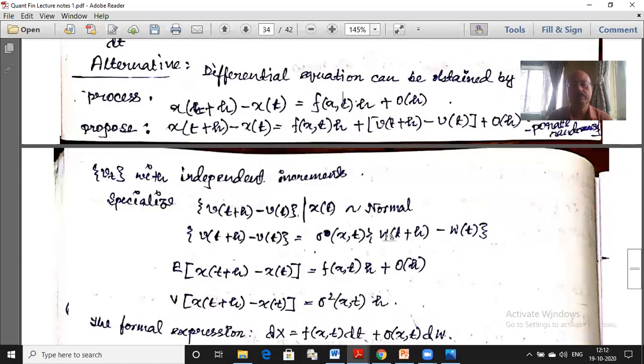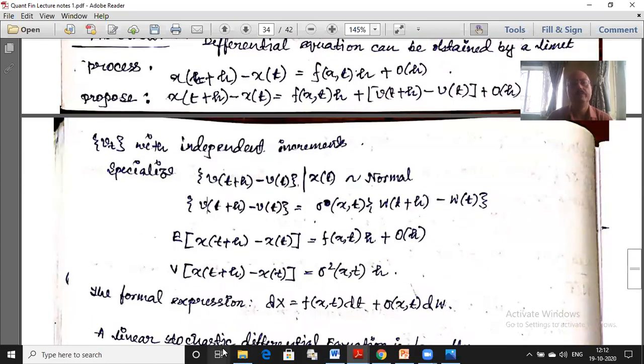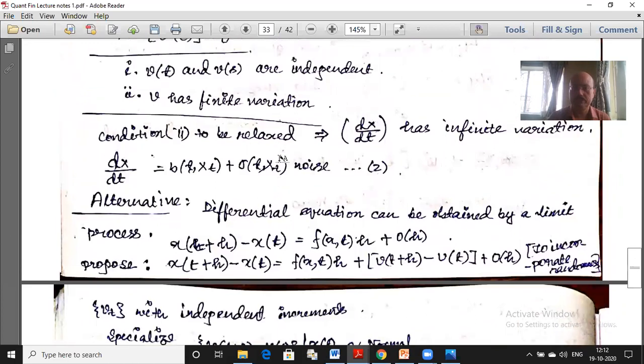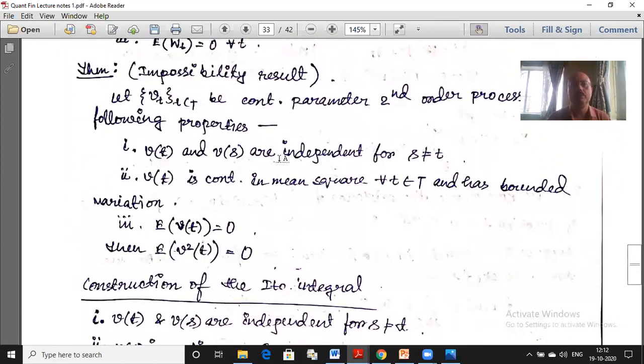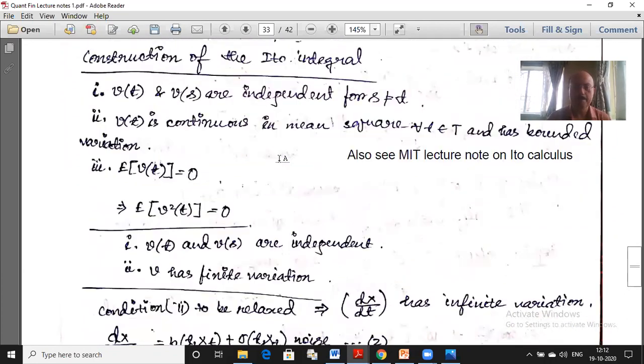So what do we have? We have our candidate V(t) with independent increments. We can also specialize to the normal distribution, which would give us a lot of leverage, because if I can somehow get to the Brownian motion, I have a lot of ready-made results.